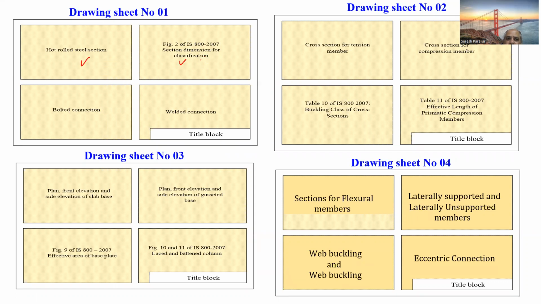Classification we have two: one that is classification due to cross section, due to dimensions of this, that is b by tf and d by tw. And from this, we are going to classify this figure 2, hot rolled section.